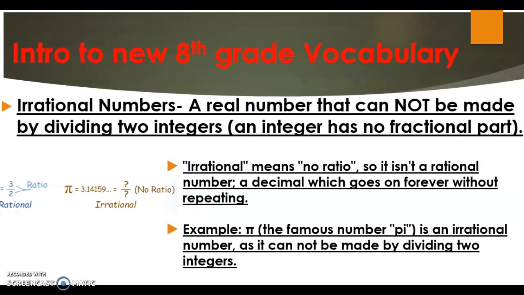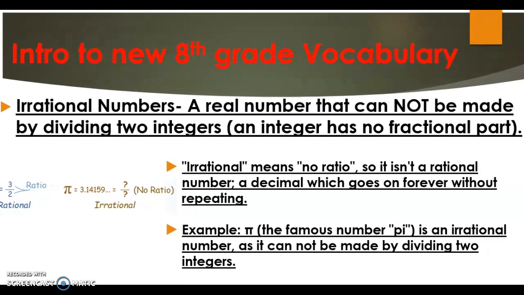However, the number pi, which is the example that I gave here, is a number that does not end. It is a decimal number that basically goes on and on forever and ever, and it cannot be phrased as a fraction where I would put one integer over the other. Now, again, irrational means no ratio, so it isn't a rational number. A decimal which goes on forever without repeating, again, is an irrational number.